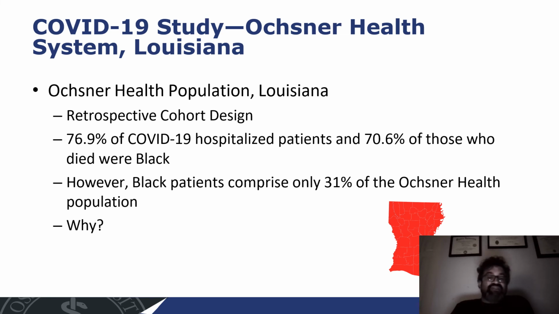So many of the populations that were especially affected were historically minoritized. However, Black patients comprise only 31% of the Ochsner Health population. So even though only 31%, such a higher percentage had COVID-19. Why?